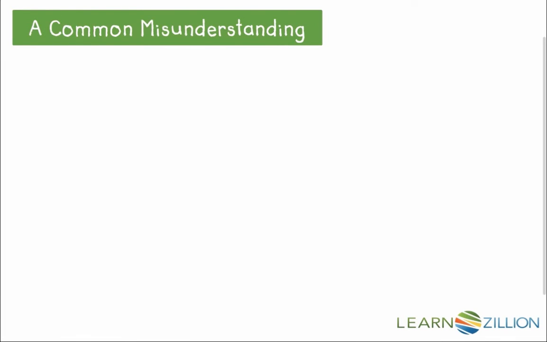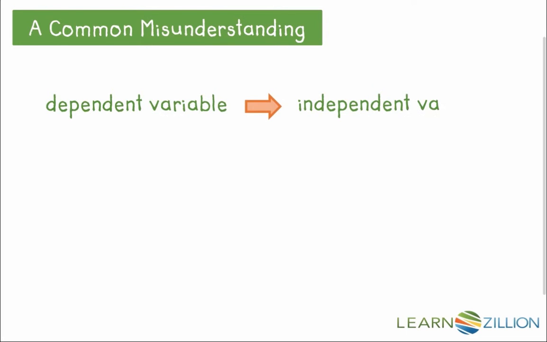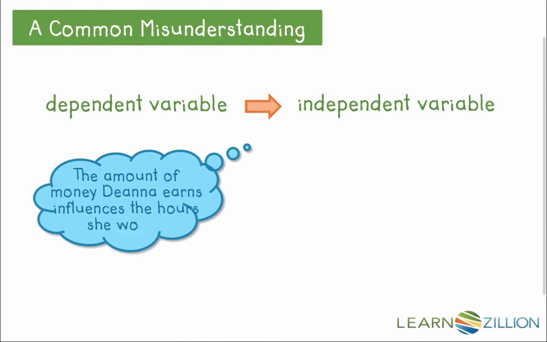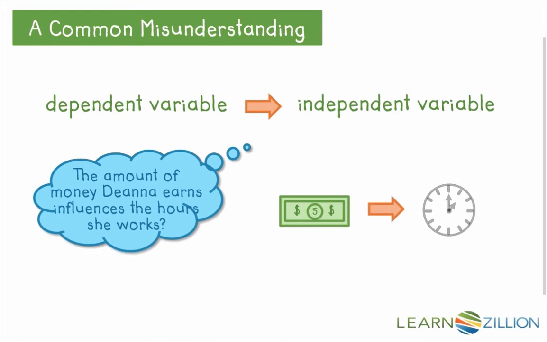It's a common misunderstanding to think that the change in the dependent variable affects the change in the independent variable. If we think about the previous example of Deanna earning money for each hour she works, we can understand this relationship better. Is it true that the amount of money Deanna earns can influence the amount of hours she works? If this is correct, this means she earns money before she works.